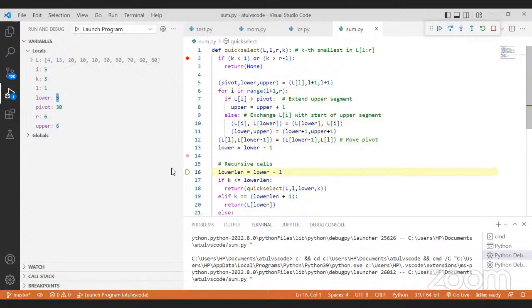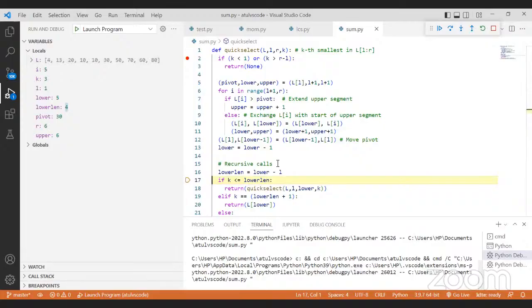Now 30 is the pivot, and what is the lower lane? This lower is actual index 5. After sorting, you can see that this 4 is coming before this sorted part: 13, 20, 10, 10, 30.